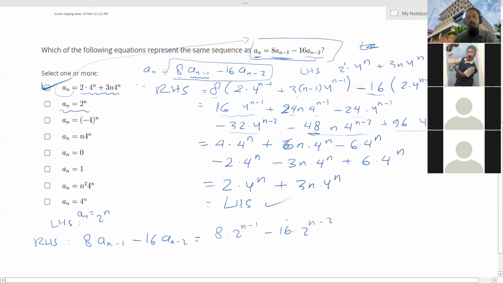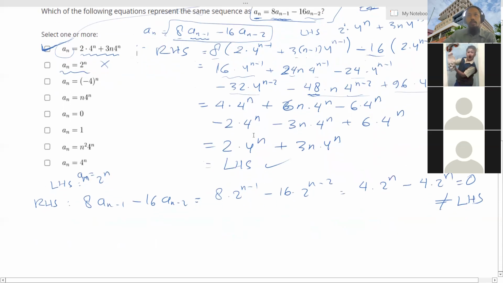So this gives us, of course, 4 times 2 to the power of n minus 4 times 2 to the power of n, which is 0, right? So this is not equal to the left hand side. So this cannot be an answer. What about the next one? Is the next one an answer or not?